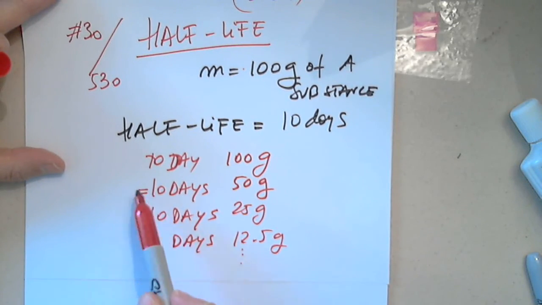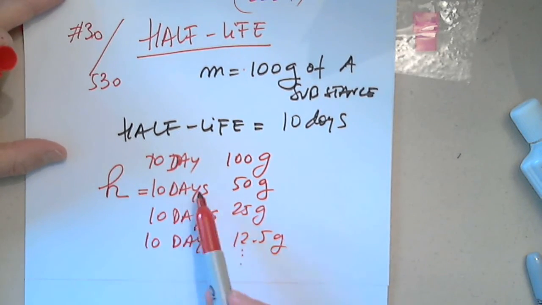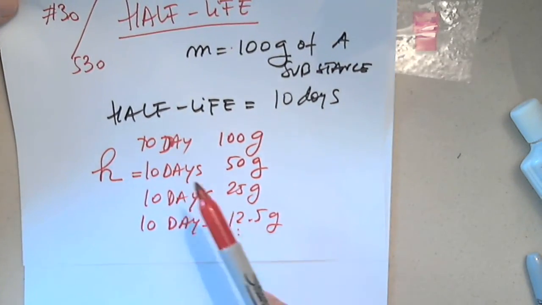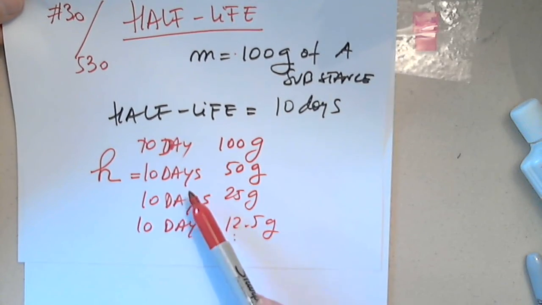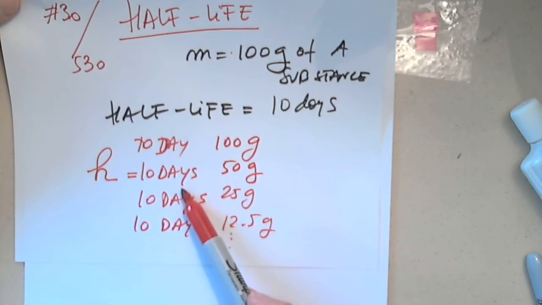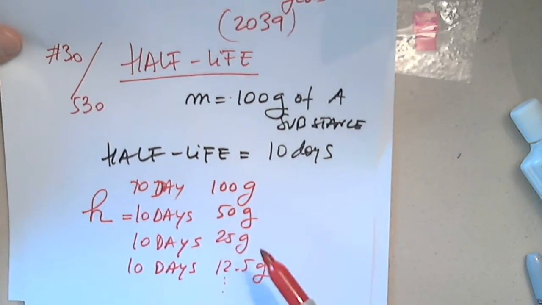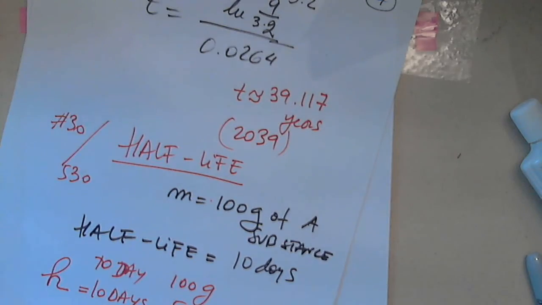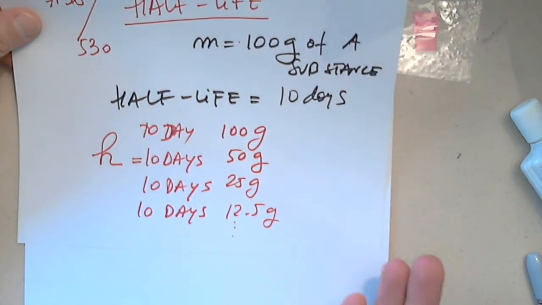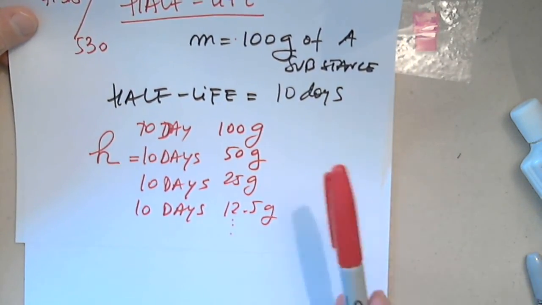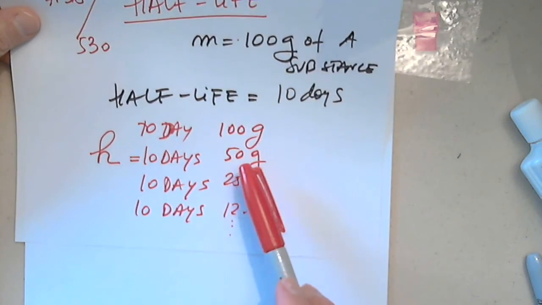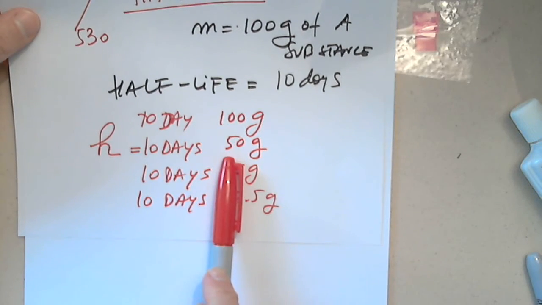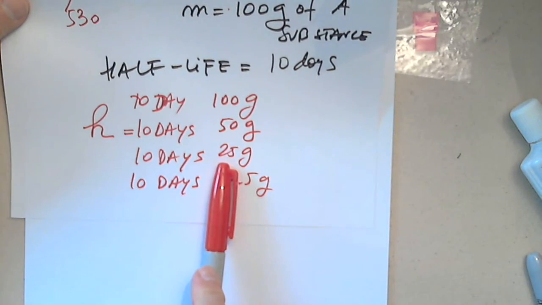So this is what is called the half-life of this substance. It makes 50% of the mass disappear in 10 days. So even if we don't touch it, in plain atmosphere, from 100 grams, in 10 days you will go back to your lab and you'll find only 50. 10 days later, you'll come back and you only have 25.